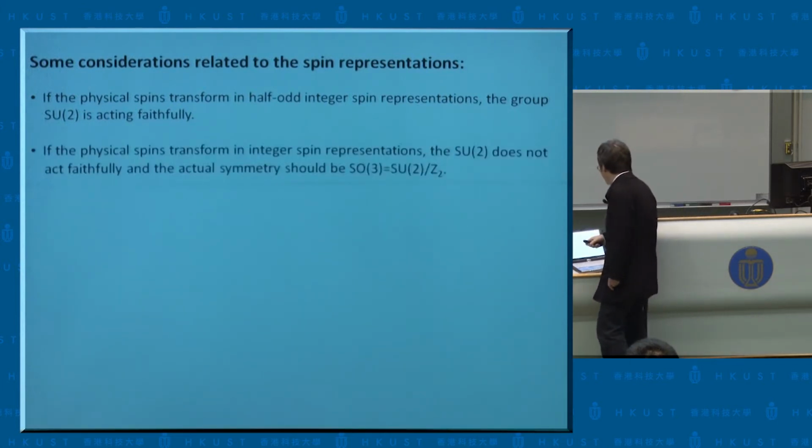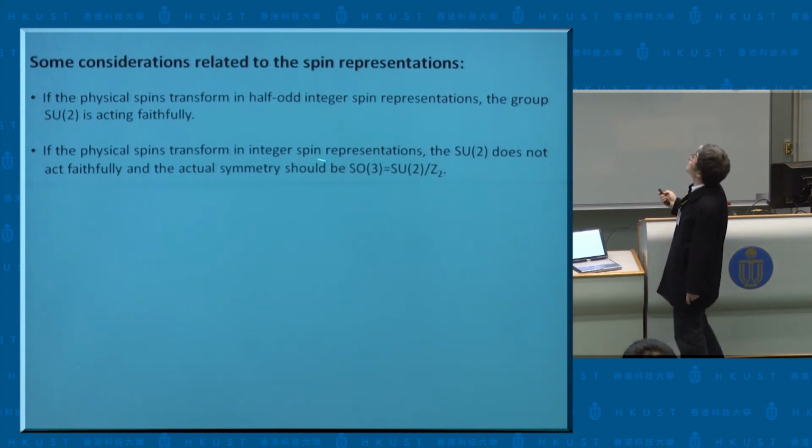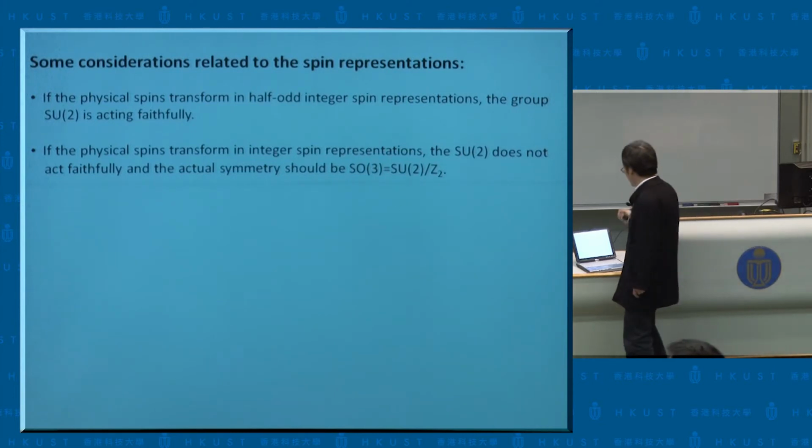However, if the physical spin transforms in an integer spin representation, this SU2 representation does not act faithfully. The actual symmetry should be SO3, which is SU2 quotient Z2.